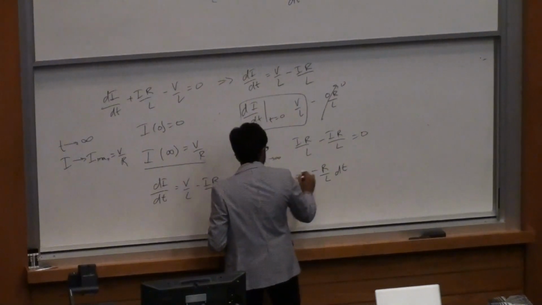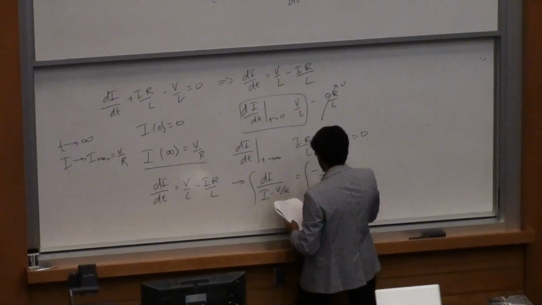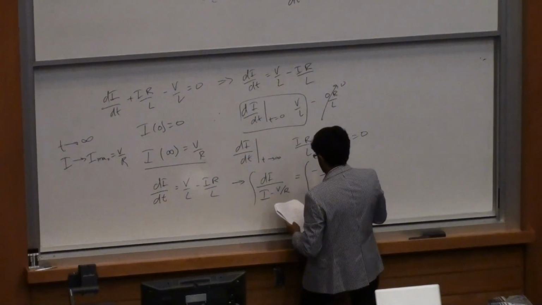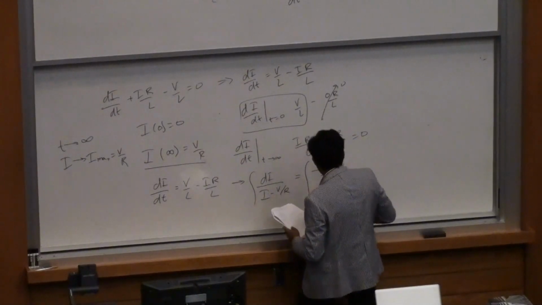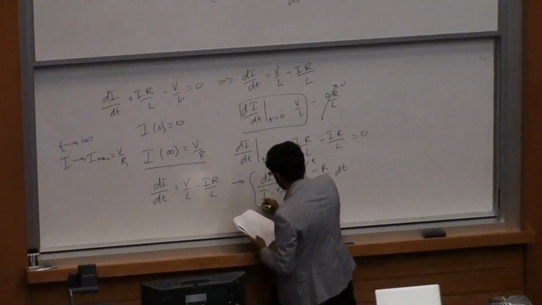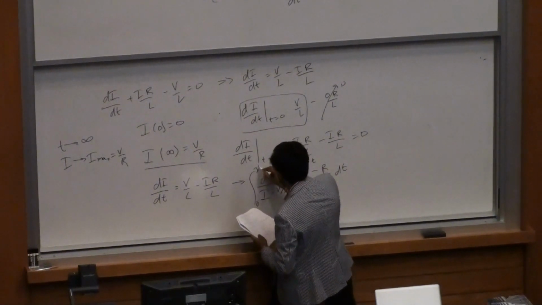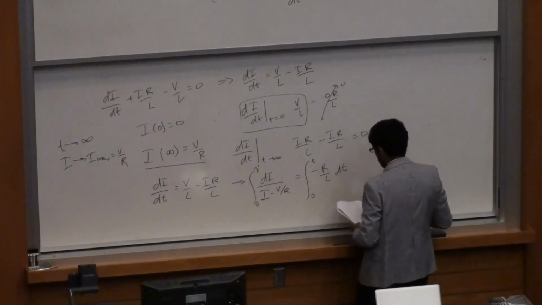I integrate both sides. My time here goes from 0 to t. My current here goes from 0 to, let's say, some current I, whatever current you're looking at.